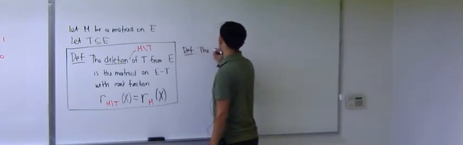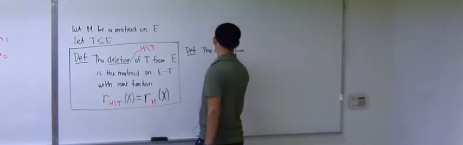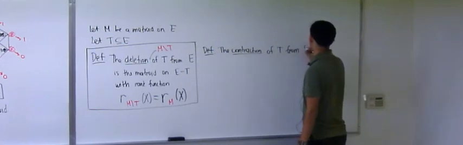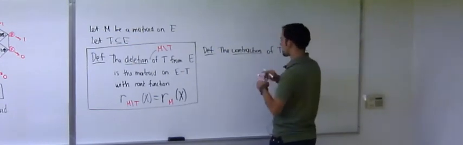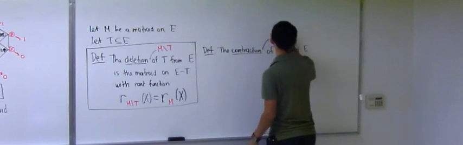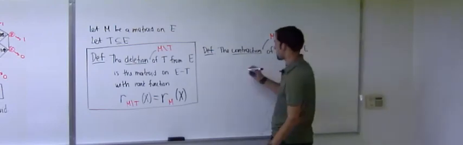And now the contraction of T from E, and we write this contraction M slash T, is the matroid.